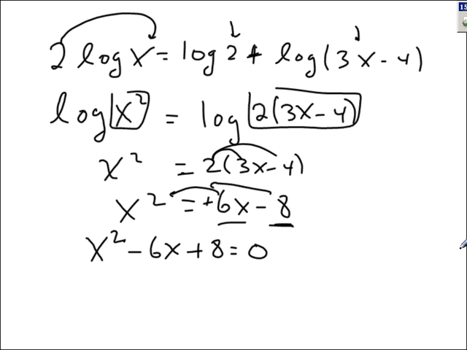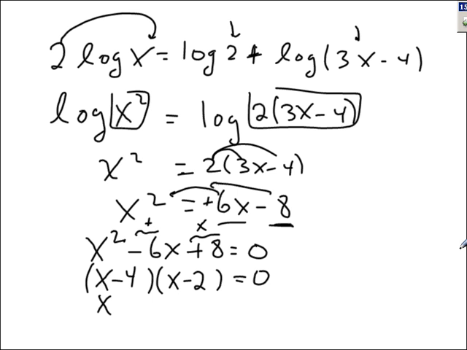When you bring over the minus 8, it becomes plus 8. Okay, x and x. Two numbers that multiply out to 8 and add up to negative 6. Well, that's negative 4 and negative 2. This is 0. So either this is 0 or that's 0. That is, either x is 4 or x is 2.